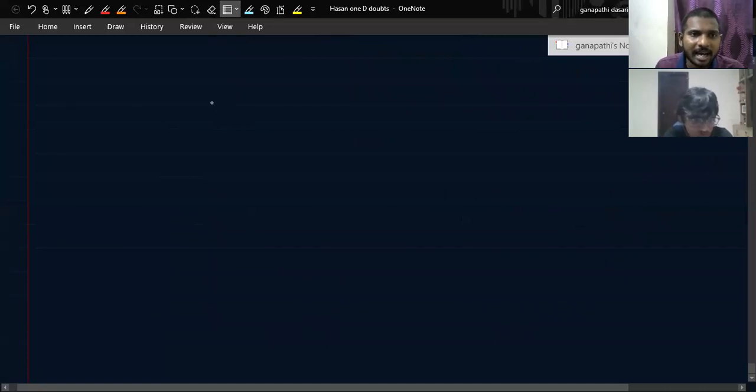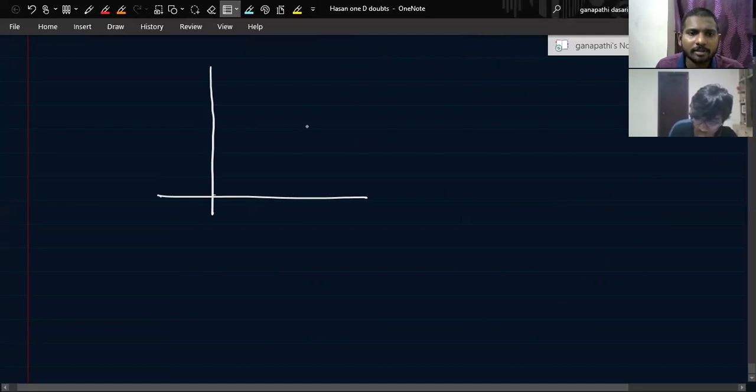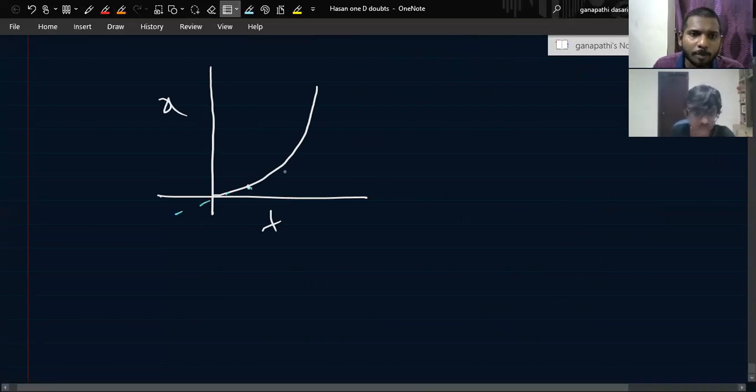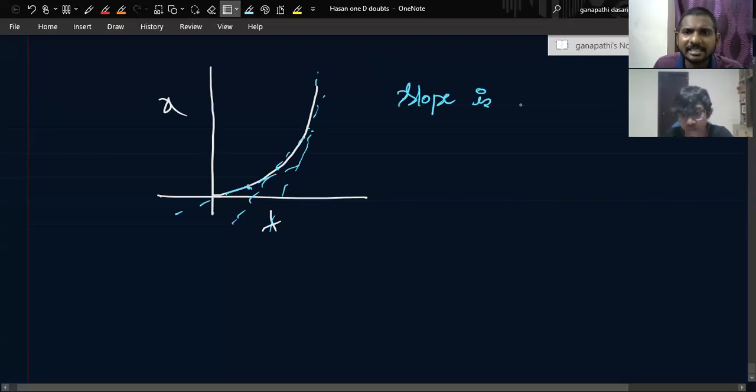Okay. Then other two graphs. One graph is this sort. Here you see the x-t graph slope. Is it increasing or not? Steepness is increasing. That is, slope is increasing.